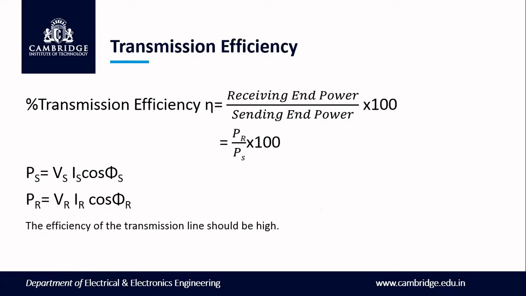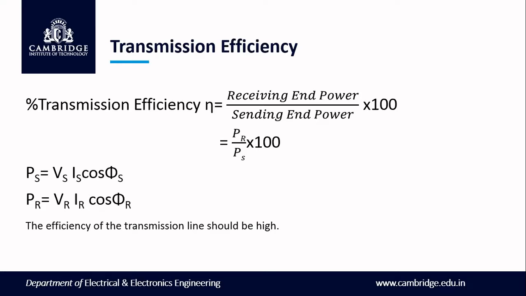Next, transmission efficiency. As we have discussed, we need to remember two parameters whenever we are talking about the performance of a transmission line. We need to know the transmission efficiency of that line and the voltage regulation related to that line. So what is this transmission efficiency?